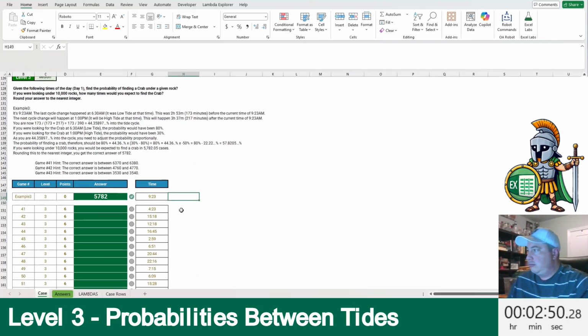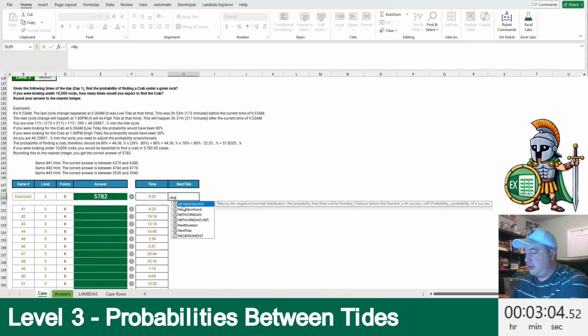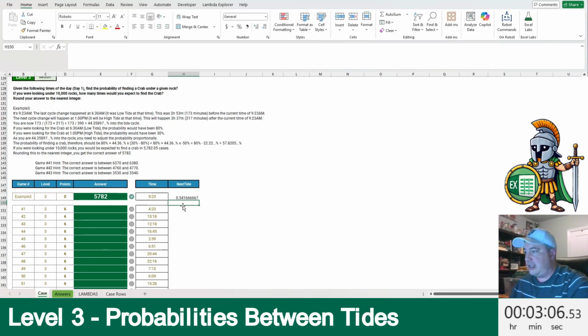Now, given the following times, find the probability. Okay, so this is like a weighted average. I'm going to find the next tide, which is next tide of that. I also want to find the previous tide.